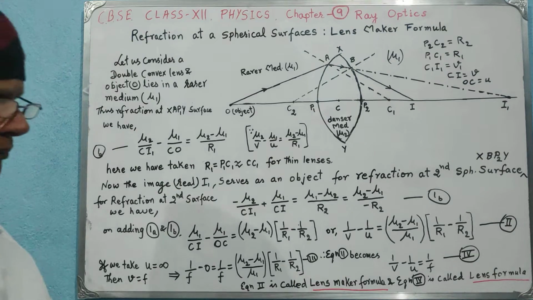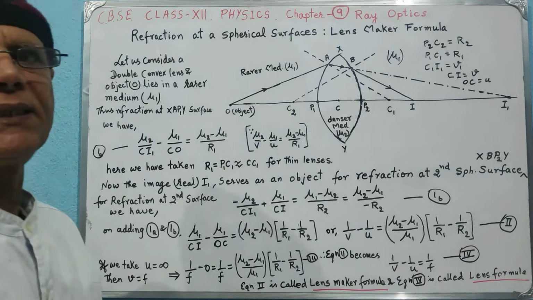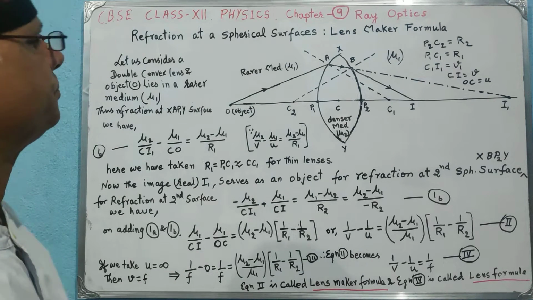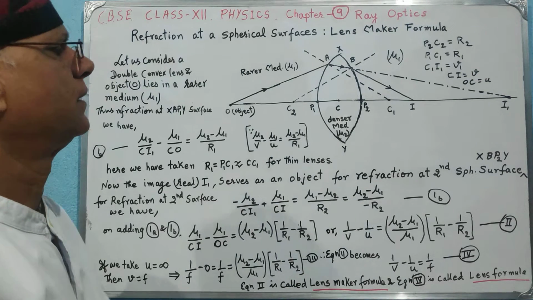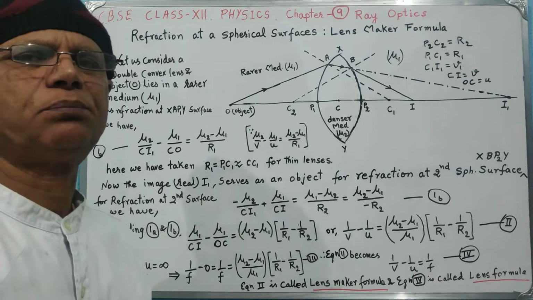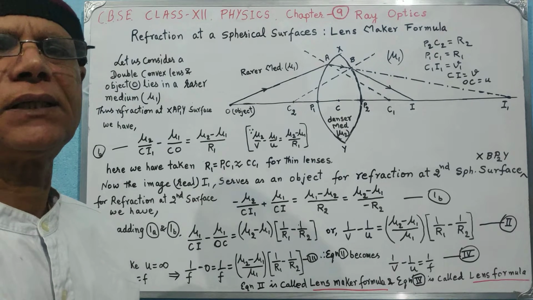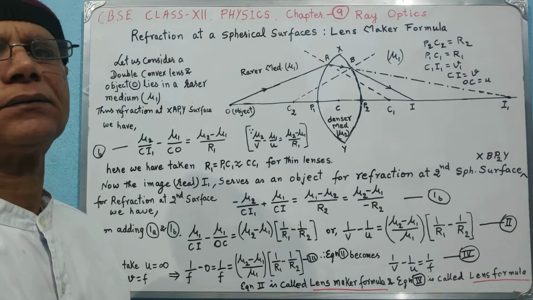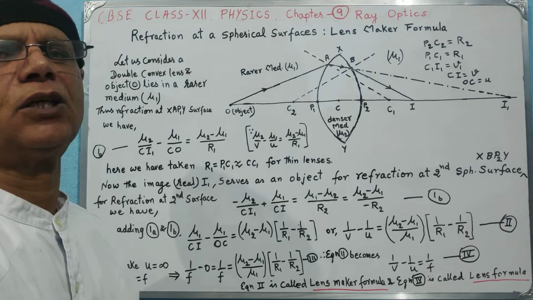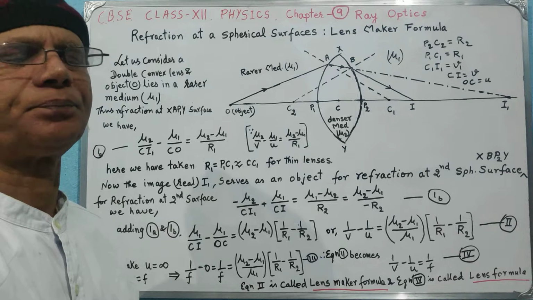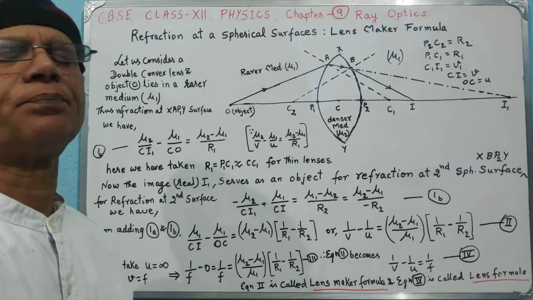So here we will take the clue which we have discussed in the previous lecture: the refraction at a spherical surface when the object is placed in a rarer medium was expressed by equation 1a, and refraction at another spherical surface when the object is placed in the denser medium was expressed by equation 1b.